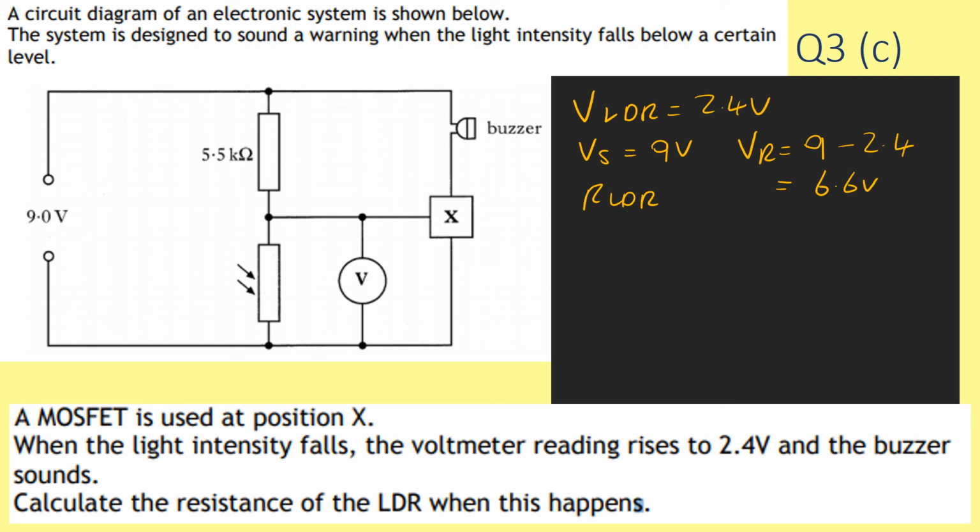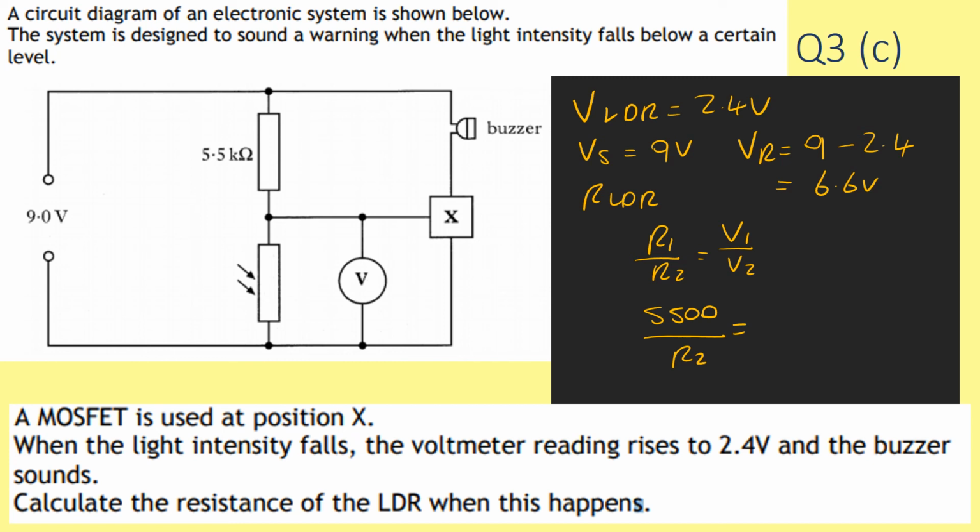The ratio equation for potential dividers is R1 over R2 is equal to V1 over V2. In this instance, we're saying R1 is the 5.5K resistor, so that's 5,500. And R2 is the resistance of the LDR.